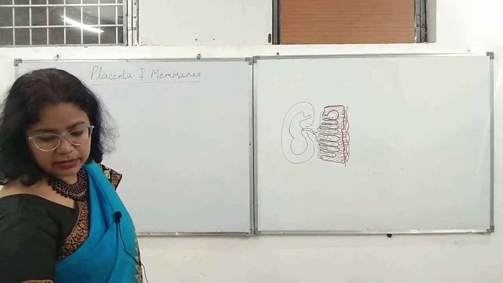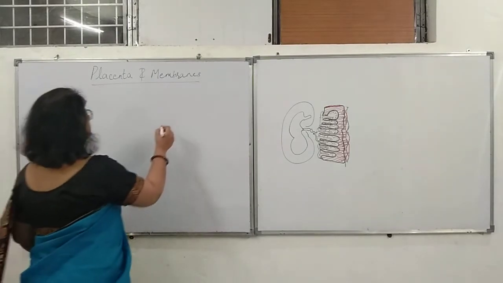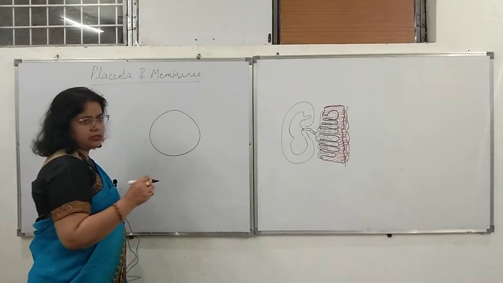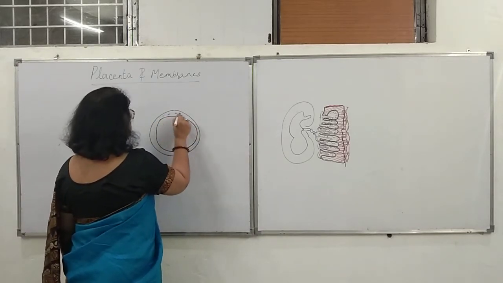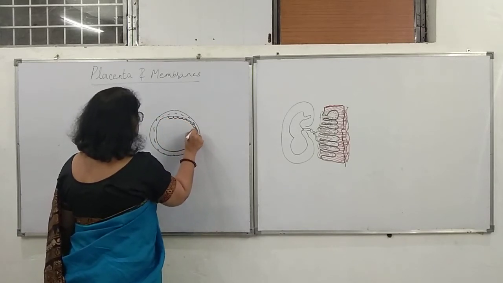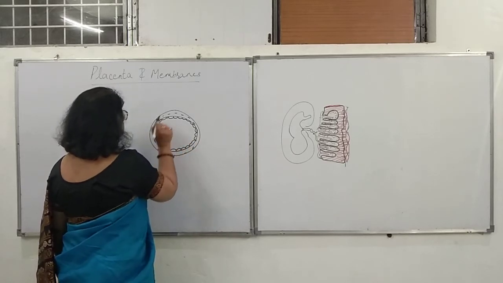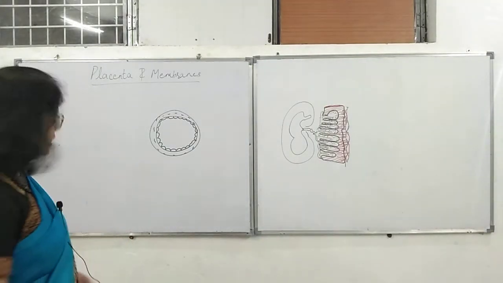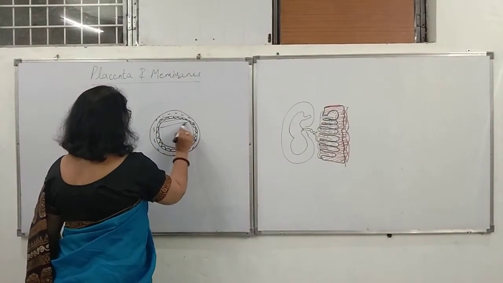Now let's see the structure of the terminal villus. Outside is the syncytial trophoblast, then inside is the cytotrophoblastic layer, then the basement membrane and central stroma.